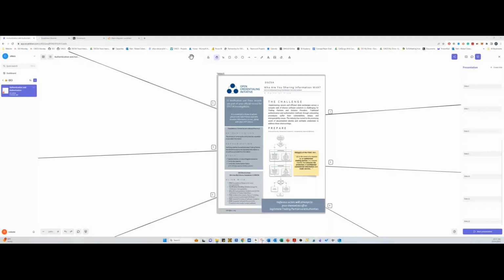And maybe to add on this, in order to have DSCSA compliance on individual trading partner sites, there have to be interoperable solutions in place.